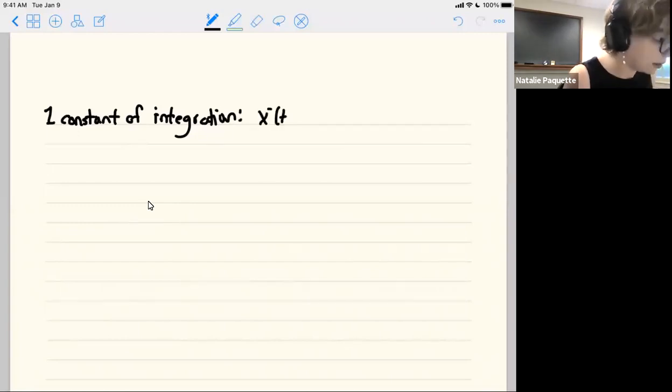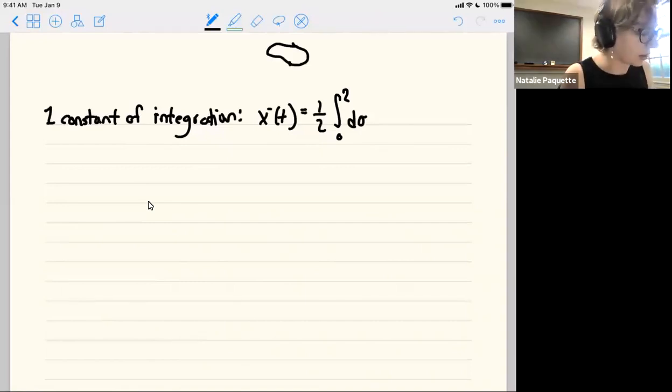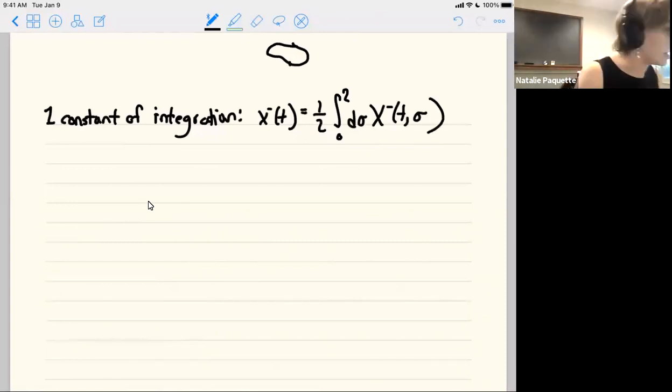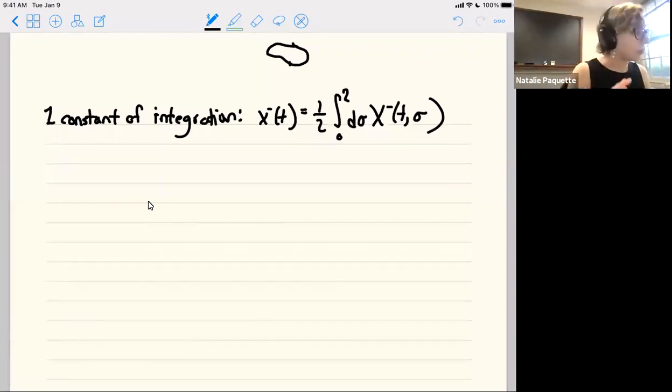It's a function of t. If you like, I can write it like this, where I'm parameterizing my closed string as a string of length L. Hopefully you see that this is a curly L, and I'm integrating over sigma. So we still have a little degree of freedom there from doing this. And we can take all of that and plug it in.